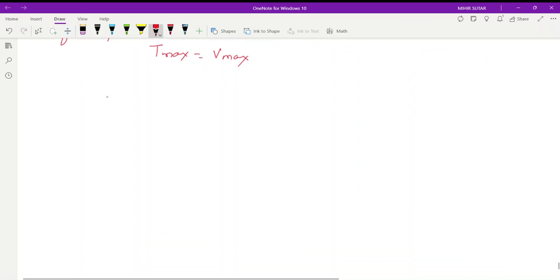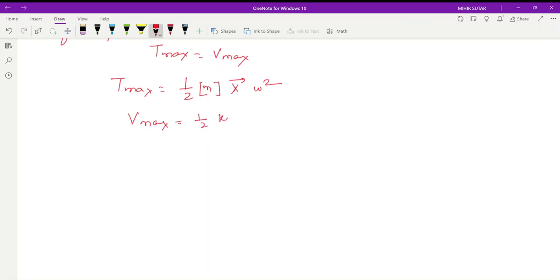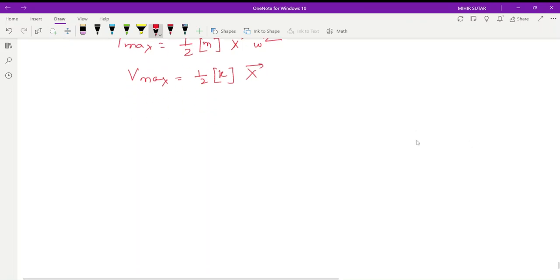So we can say that T max is equal to half of m into x in vectorial representation into omega square, and V max will be half of k into x.